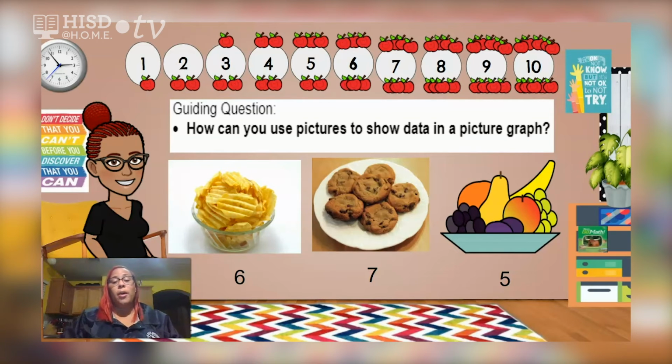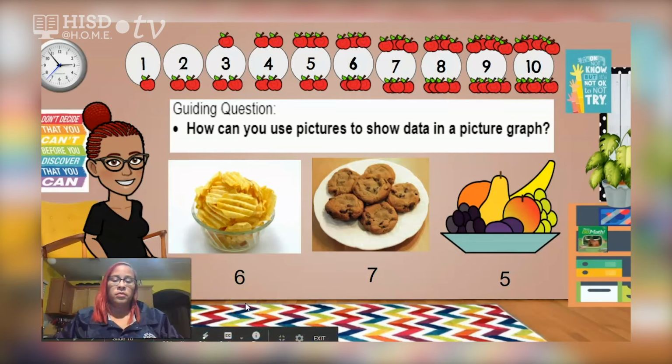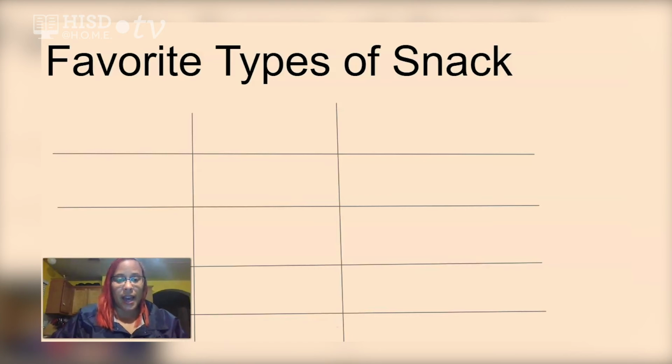Once I knew how many students chose the chips, cookies, and fruit, then I put the information in a tally chart. First, I put my title, Favorite Types of Snacks.